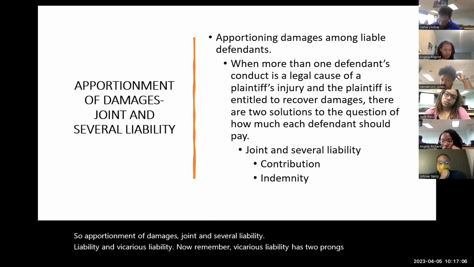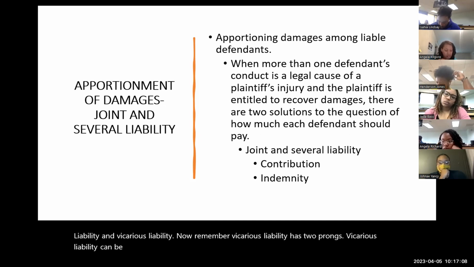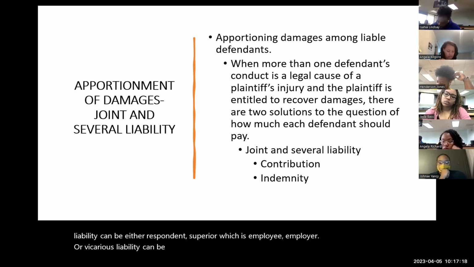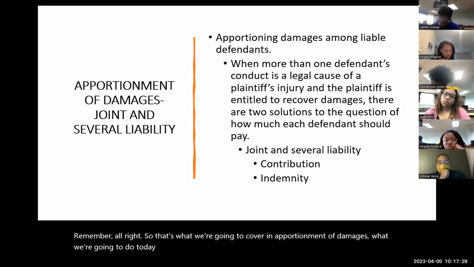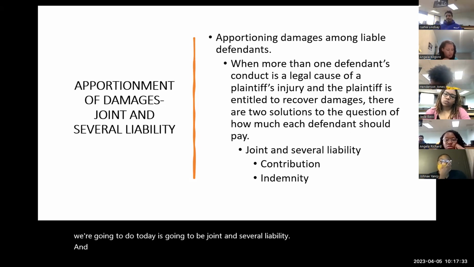Vicarious liability can be either respondeat superior, which is employee-employer, or vicarious liability can be motor vehicle ownership. Remember? All right. So that's what we're going to cover in apportionment of damages. What we're going to do today is going to be joint and several liability and several liability.